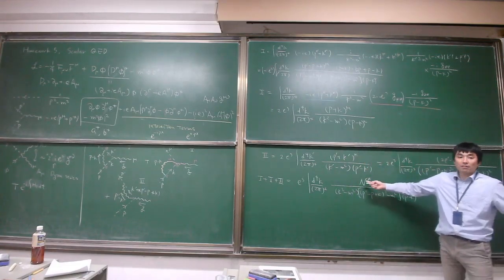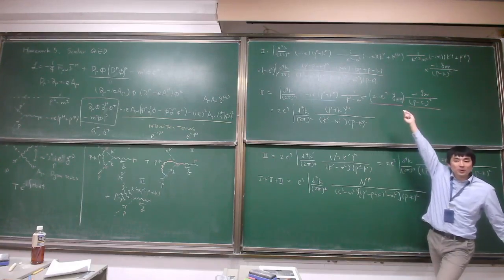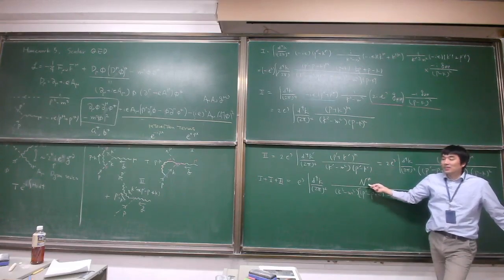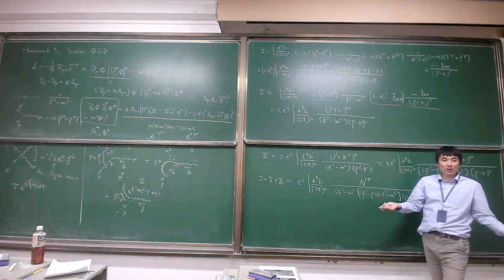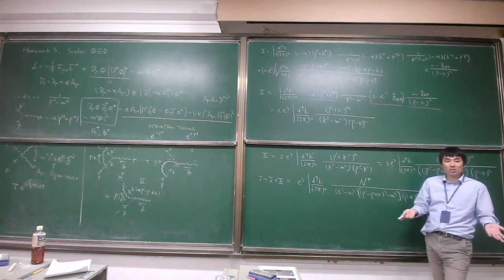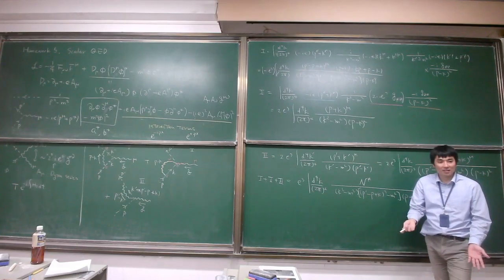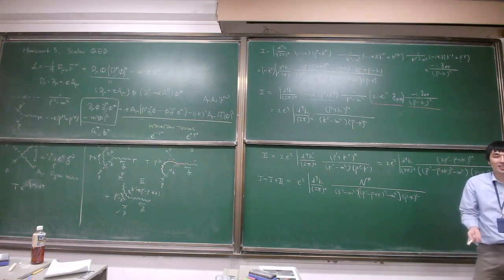So n mu you really need to compute if you sum them up. Then apply Feynman parameter, do the Wick rotation and power counting, and obtain the number. Okay, so that's what you're supposed to do.